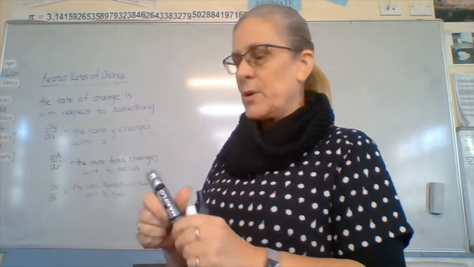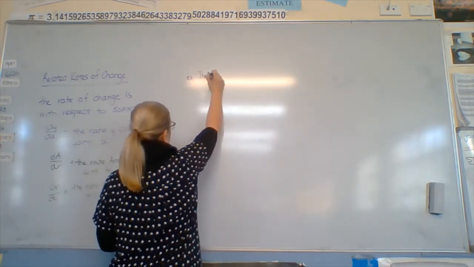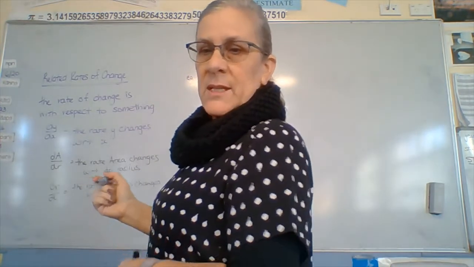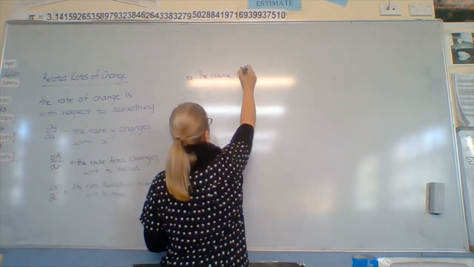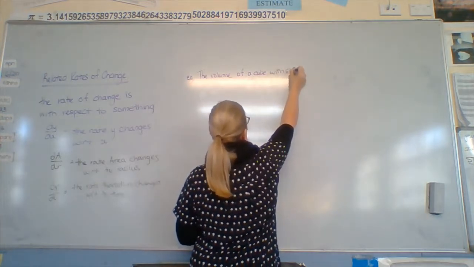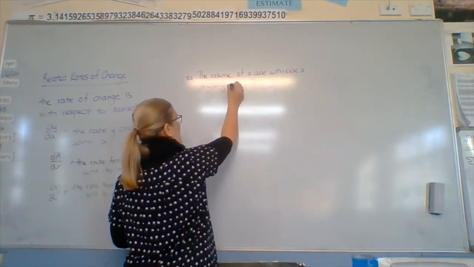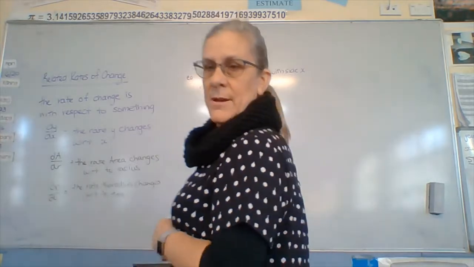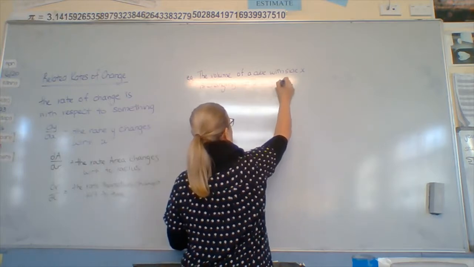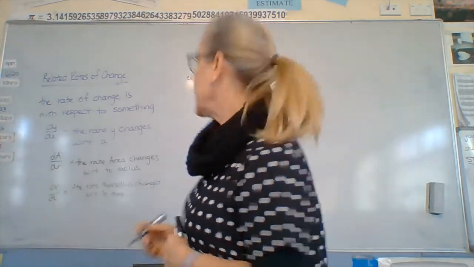So let's have a look at an example, because that will develop the skills. For example: the volume of a cube with side x is changing at a rate of 6 meters cubed per second, because it's our volume.